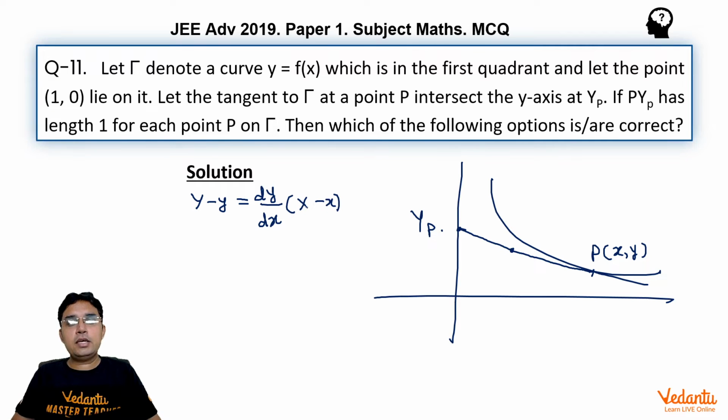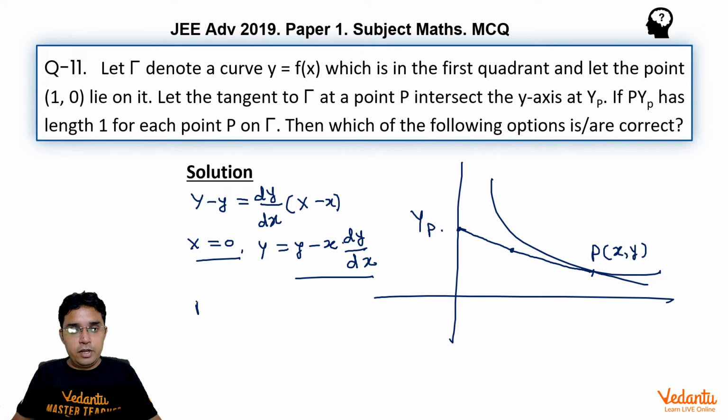Here capital X, capital Y act as variables for the tangent. To know the coordinates of Yp, I will put X equal to 0, which will give capital Y equal to y minus x into dy upon dx. So these are the coordinates of point Yp.